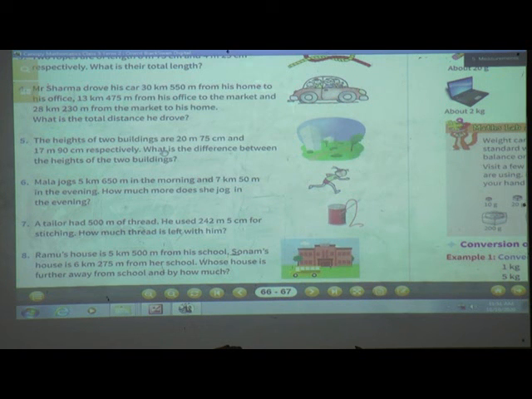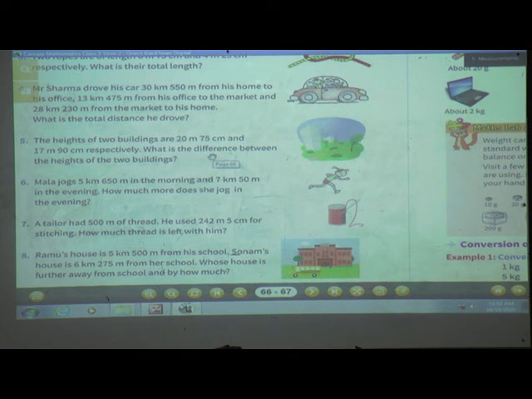See here, they have given us the heights of the buildings. There are two buildings, and the height of the first building is 20 meter 75 centimeter and the height of the other building is 17 meter 90 centimeter, and we have to find out the difference between the heights of the two buildings.